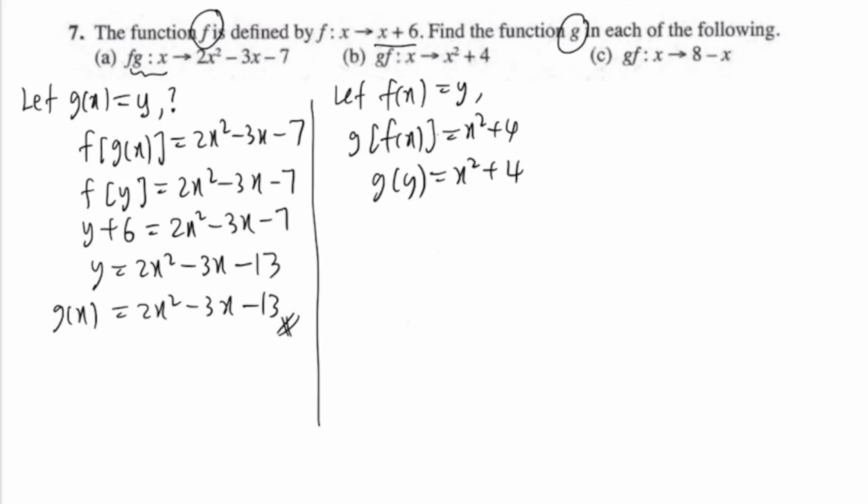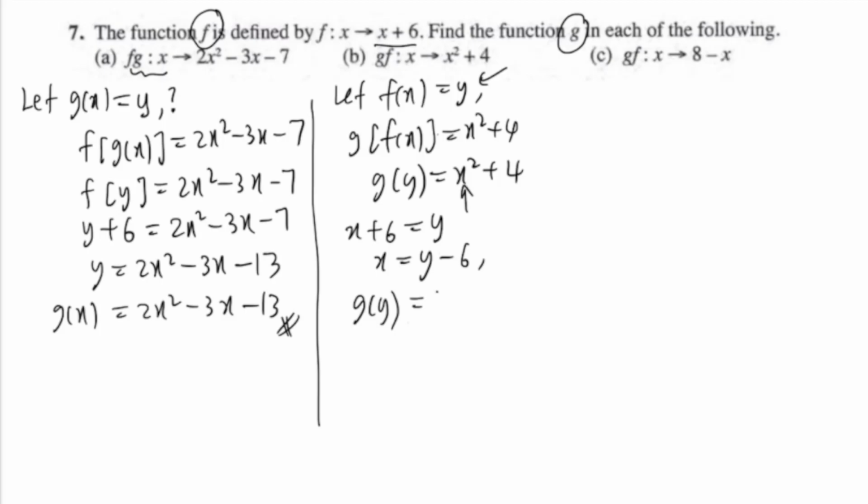So the question is, how do you do that? Okay, you go back to your function f(x). We know f(x) is x plus 6, and the result is y. If you want to change all the x into y, you need to make x the subject. So x is now y minus 6. Okay, y minus 6. And I'm going to take this and sub inside here.